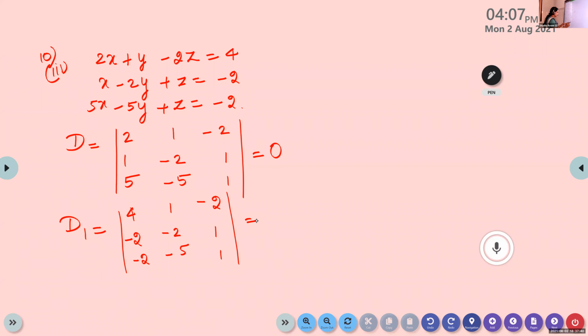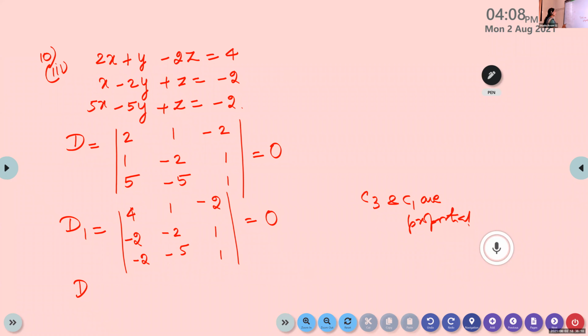Look here. C3 and C1, are they proportional? If they are proportional, then no need to expand. Using the property, we can write the value will be 0. Is it correct, Aditya? If you are not able to remember this property, then you have to solve it. But if you know the property, that is easy.